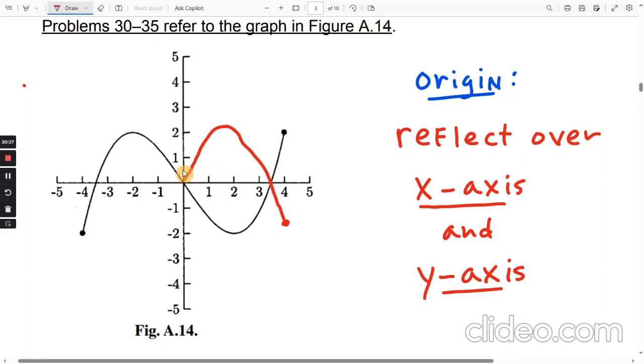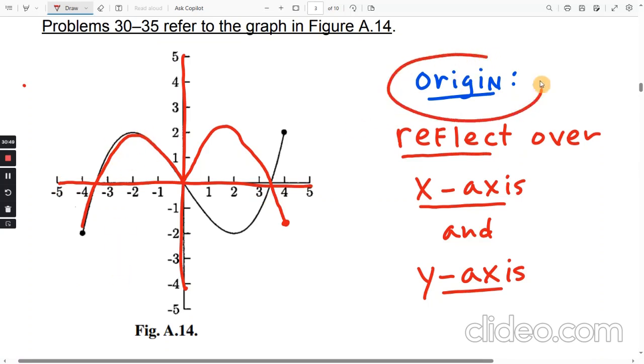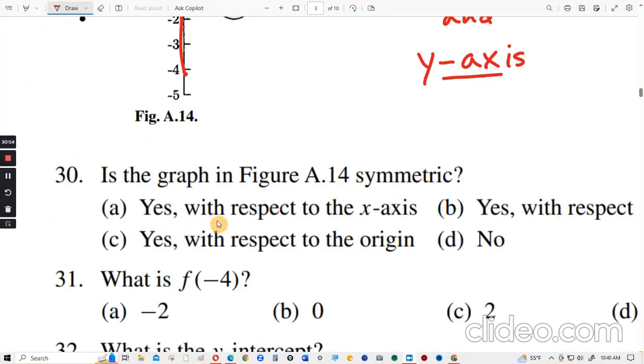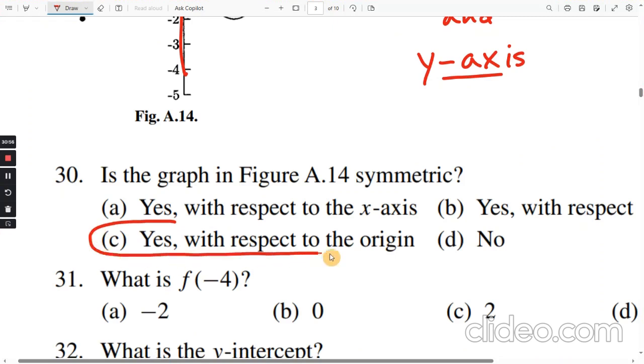And then if I take this curve and reflect it over the y-axis, it's going to be right there. So basically you want to do a double reflection. The order doesn't matter, but you want to reflect it over the x-axis and the y-axis. See if you can flip it twice and match what's already there. But anyway, that proves it's origin symmetry. So number 30 is C, with respect to the origin.